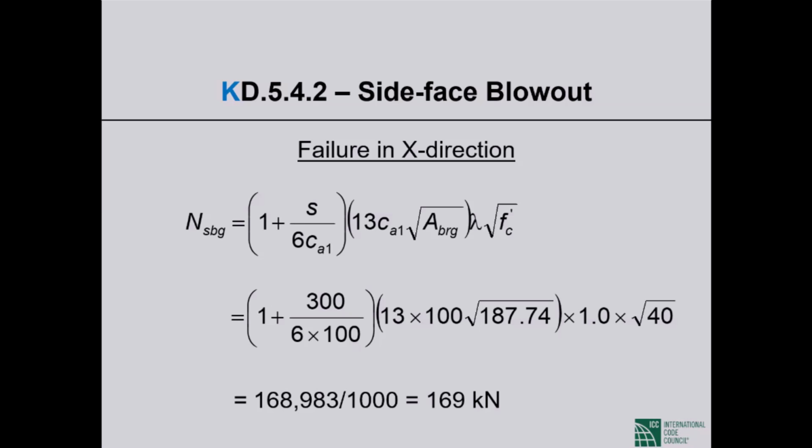So the side face blowout strength of our group of anchors is 1 plus S of 300 between outer anchors divided by 6 times c_a1 of 100 millimeters, times 13 times c_a1 of 100 millimeters, times the square root of A_brg of 187.74, lambda of one, since we have normal weight concrete, times the square root of 40 megapascal, which is 169 kilonewtons.